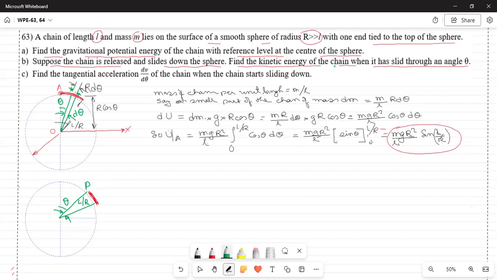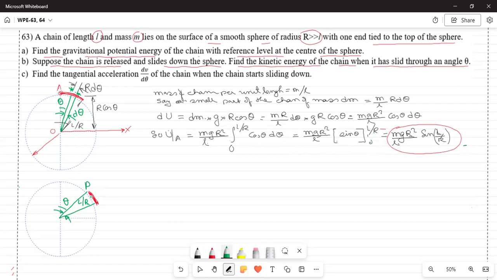We have found the potential energy of the chain when it was at A. In the same method, we can find the potential energy when it is at P. Then this loss of potential energy will be manifested as the gain in kinetic energy. So that is the method.